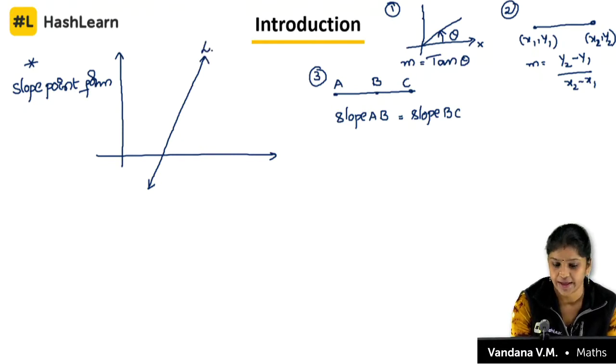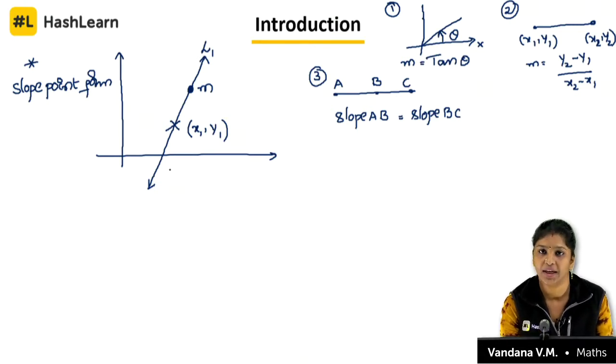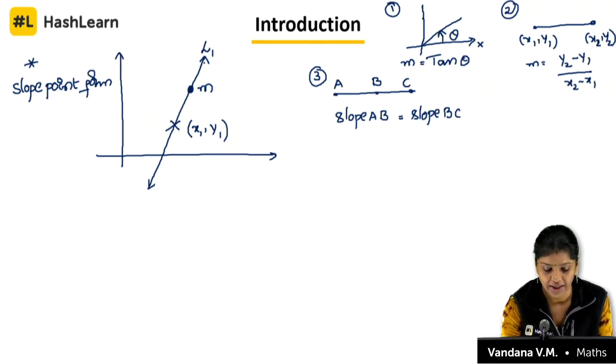For this line equation, I will give you the slope as well as the point (x1, y1) it is passing through. At that time, how to find out the equation of this?